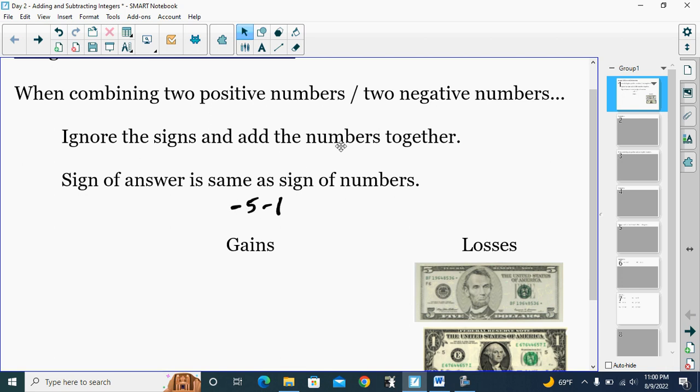So I ignore the signs and I add the numbers together. 5 plus 1 is 6. And I lost both times, so my overall net is a loss. So it's a -6. If I lost 5 and I lost 1 more, I lost a total of 6. -5 minus 1 should give us -6.